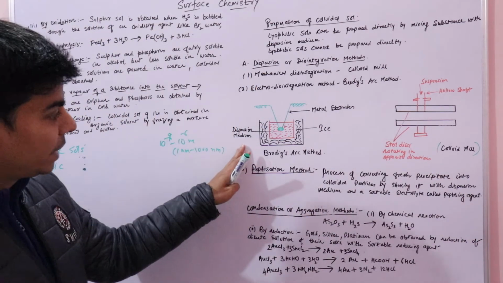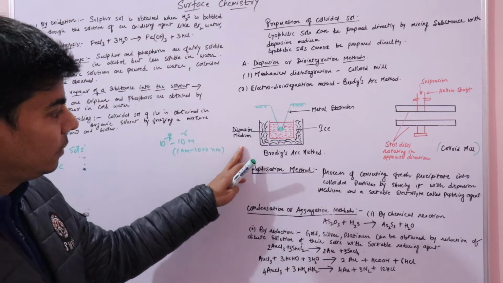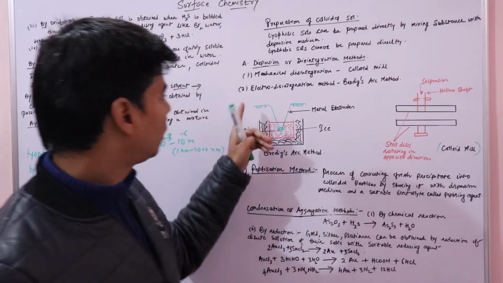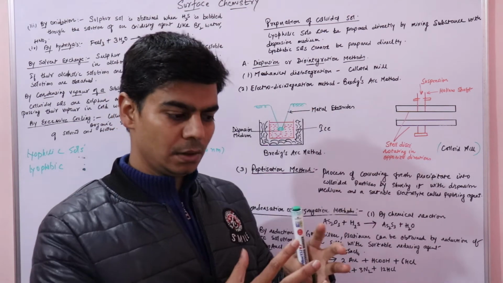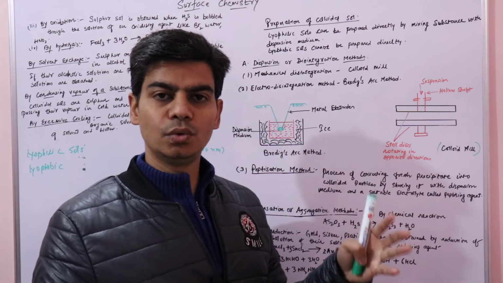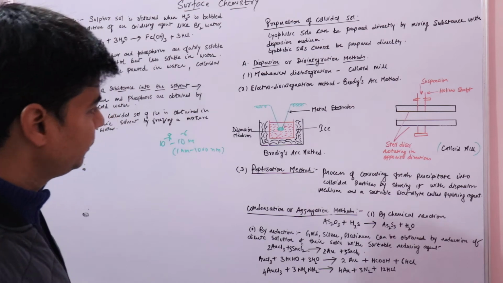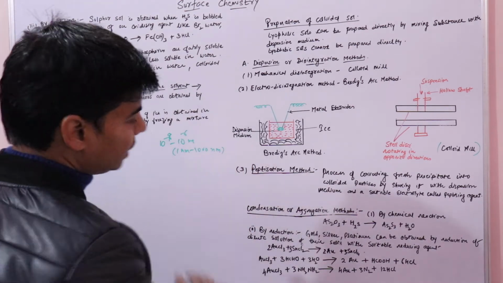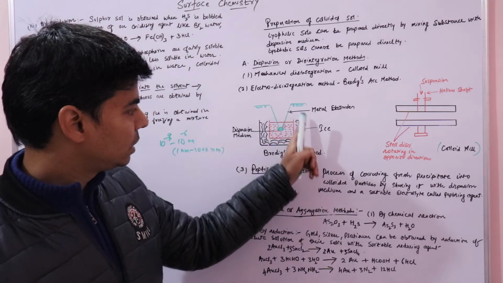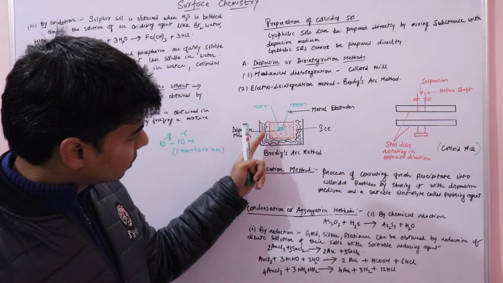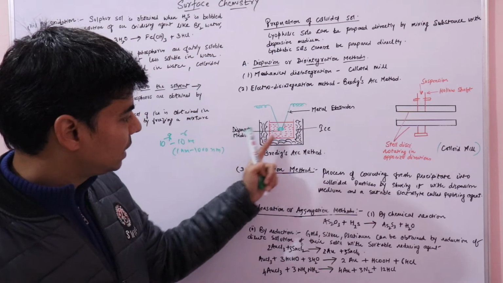The second is the Bredig's arc method. In this we are using electricity, so we call it an electro-disintegration method. Using electricity, we are breaking bigger particles into smaller ones. This arrangement consists of an ice bath, which is ice cold since it has ice inside it.